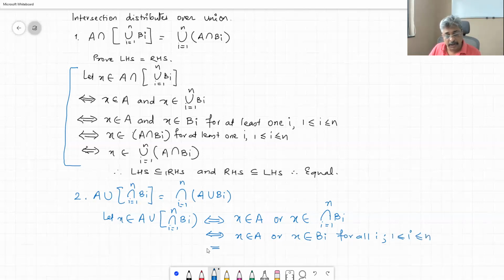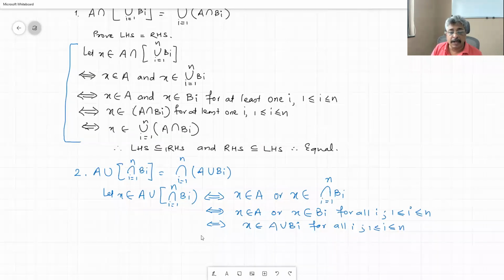What does this mean? It means x belongs to A union B_i for all i, 1 less than or equal to i less than or equal to n. Correct? And then what does that mean?